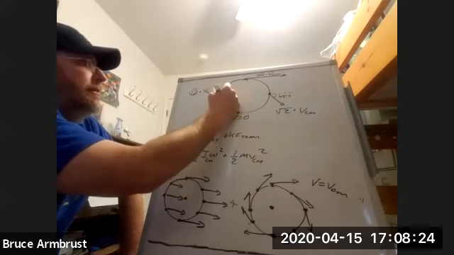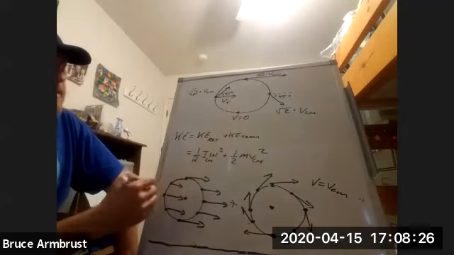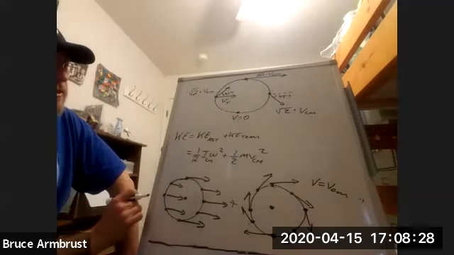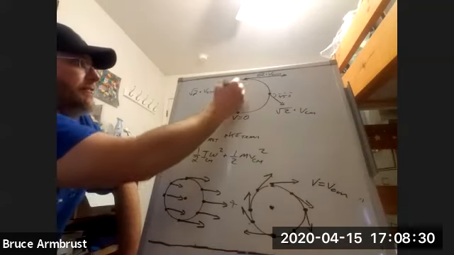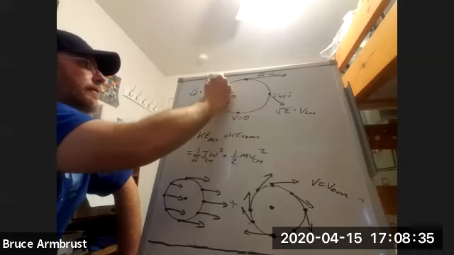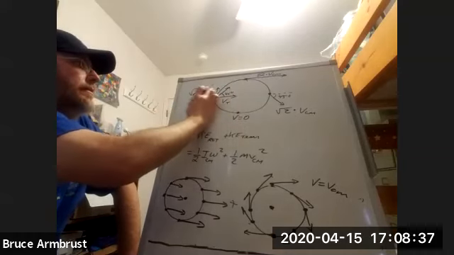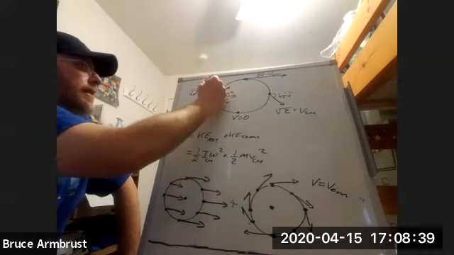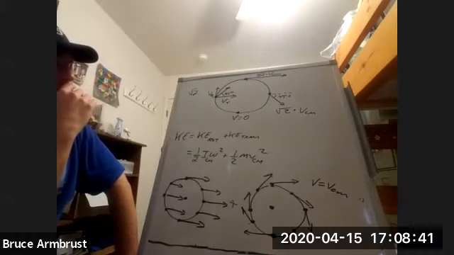Okay. So here is our, I'll call it V sub t. That's our translational vector. The rotational vector is pointing upward. So let's call that V sub r.